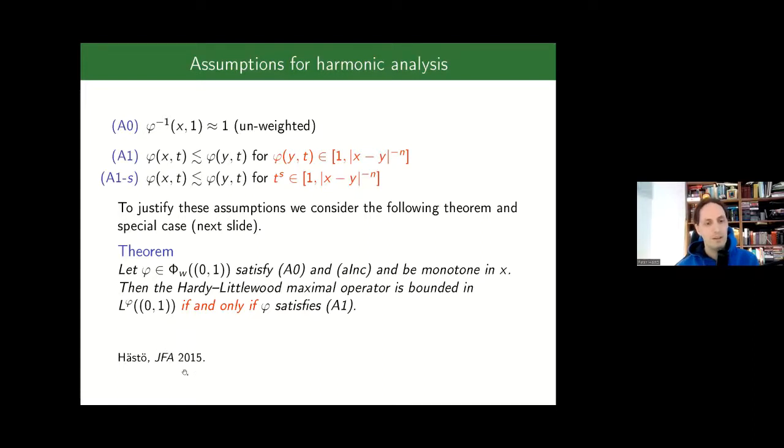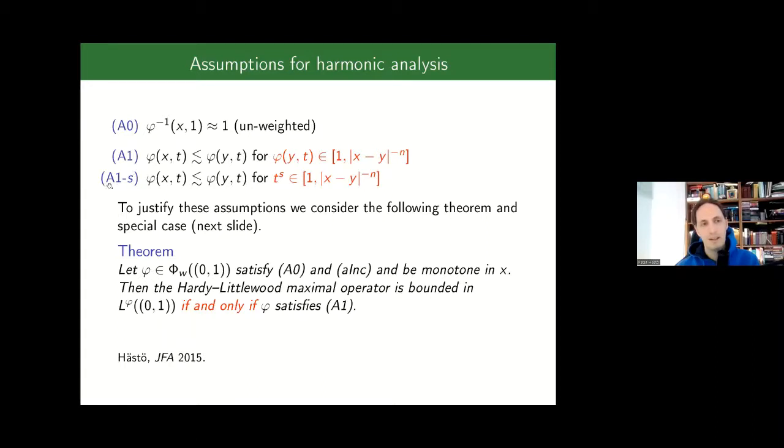Okay, so this was done in 2015 and also some years earlier. Mitsuta and Shimomura and other colleagues from Japan had a similar result, but they did not use the condition A1.